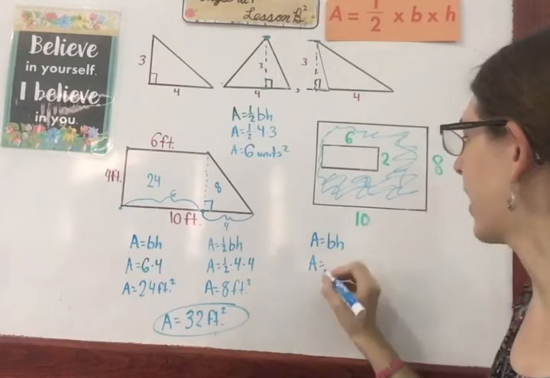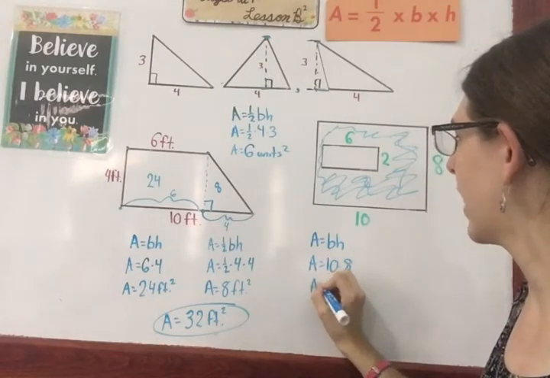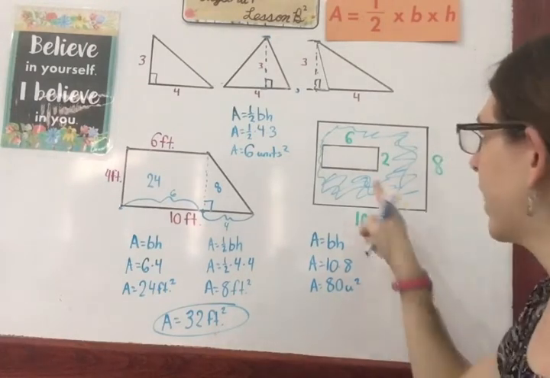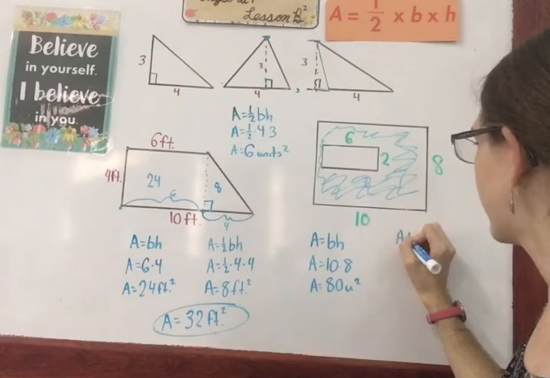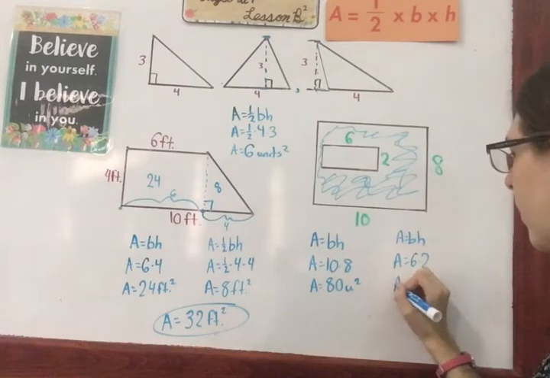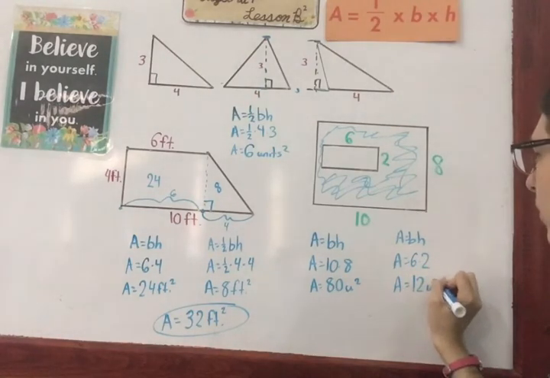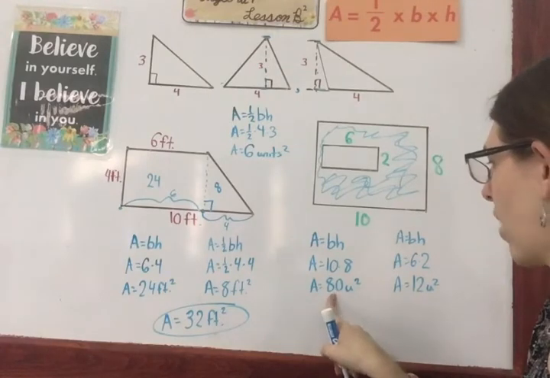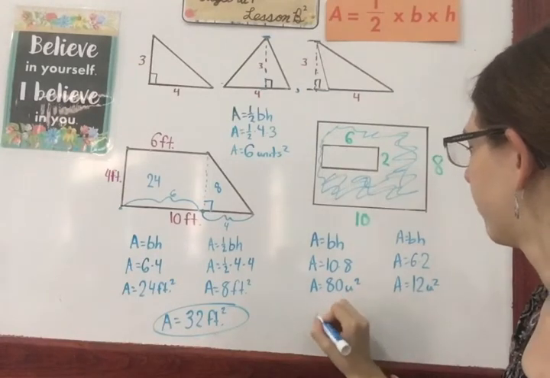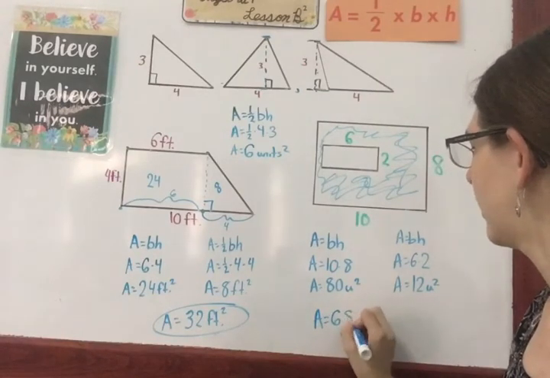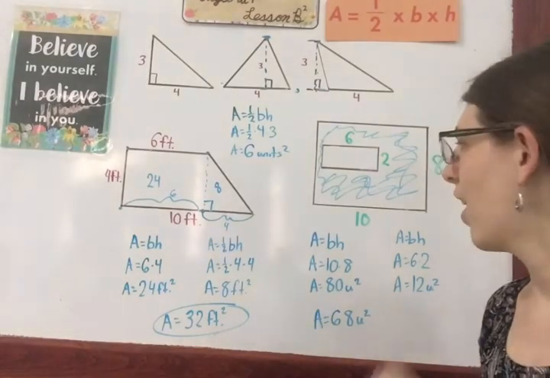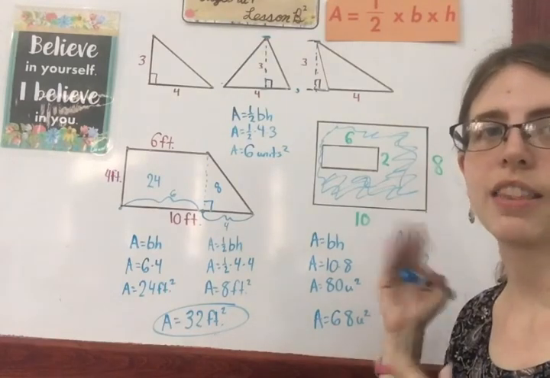My base is 10, my height is 8. So my area is 80 units squared. Over here, this is also a rectangle, so it is base times height. 6 times 2, 12 units squared. Then all I have to do is subtract 80 minus 12, and that gives me 68 units squared. Okay, so that's all you have to do to find the missing portion.